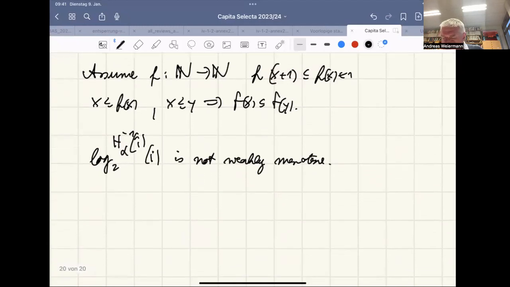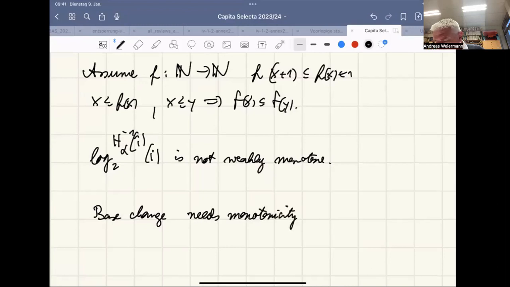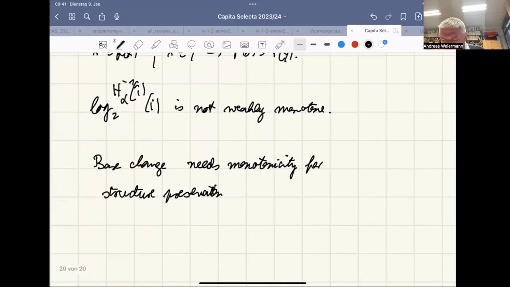Now, why do we assume that the function f is monotone? Because base change needs monotonicity for structure preservation. So assume the process of m, and I take base k, and I replace it by k minus 1.